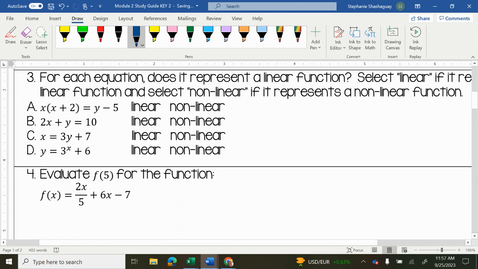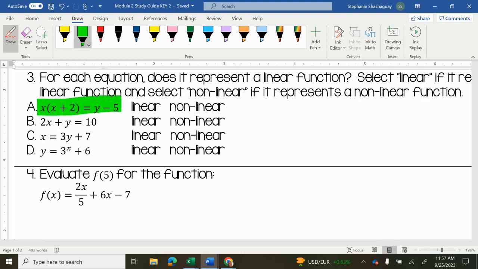All right, question number 3, for each equation, does it represent a linear or nonlinear function? So this first function here, we have x times x plus 2 equals y minus 5. Well, when I have x times x plus 2, that's going to become x squared plus 2x.